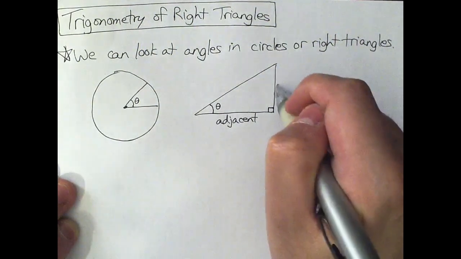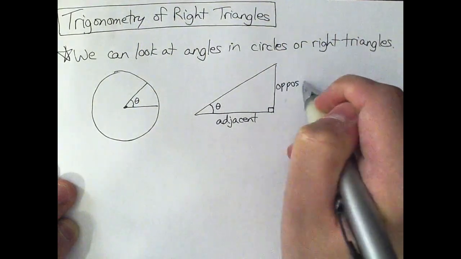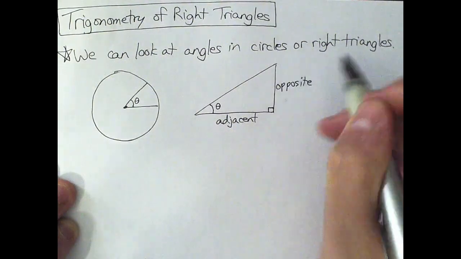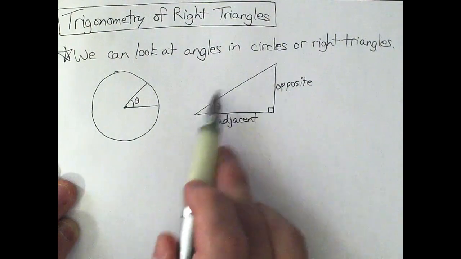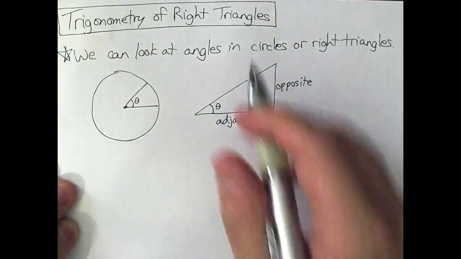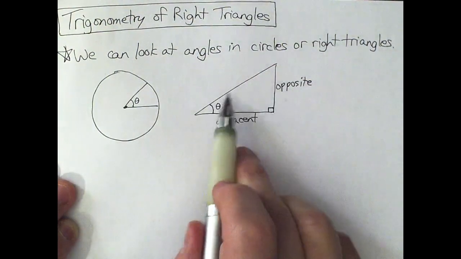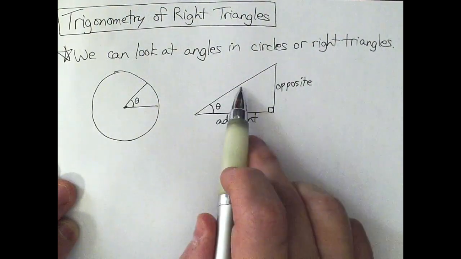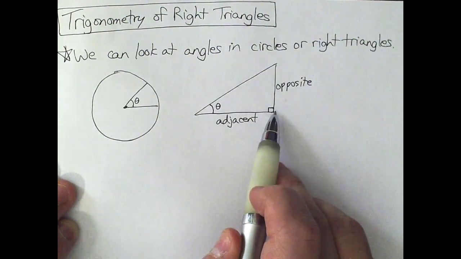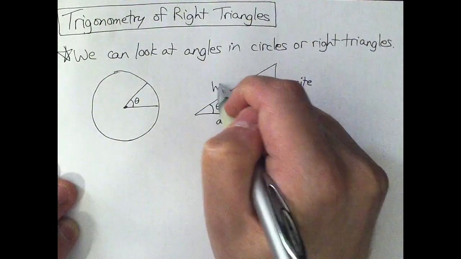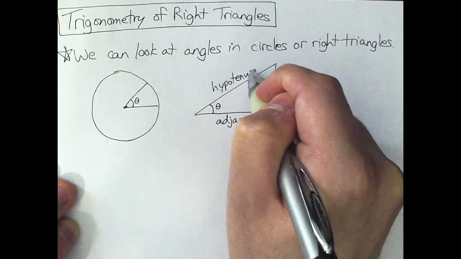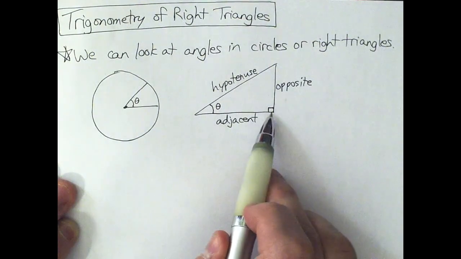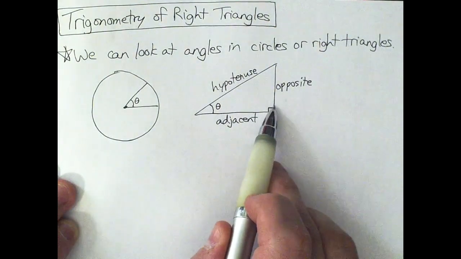And we call this the opposite side. The opposite side length is the only side that is not a part of the angle. And finally, this longest side is opposite from the right angle, and we call that the hypotenuse. So the hypotenuse is always opposite from the 90-degree angle.